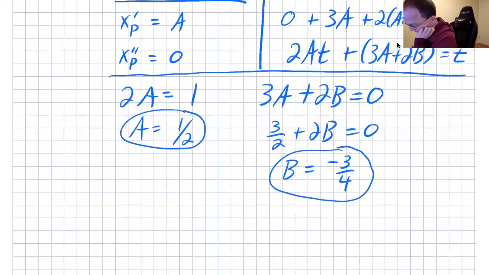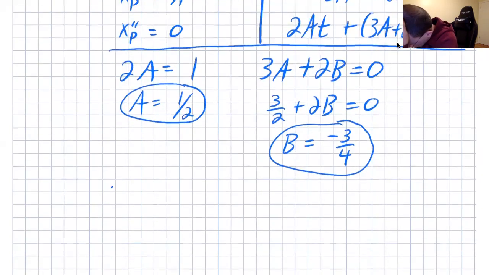Okay, so therefore, the particular solution is 1/2 t minus 3 over 4.